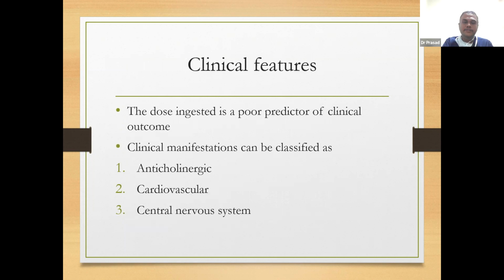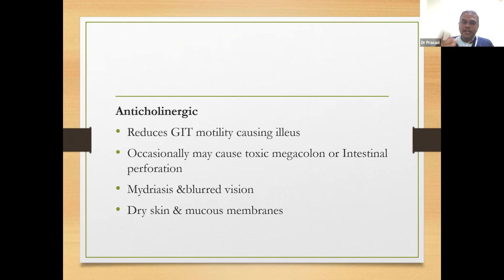Now, clinical features. What are the features that you see? Predominantly, the clinical manifestations can be classified as anticholinergic, cardiovascular, and CNS. The anticholinergic effects are reduced GIT motility causing ileus, occasionally toxic megacolon or intestinal perforation, mydriasis and blurred vision, and dry skin and mucous membranes.